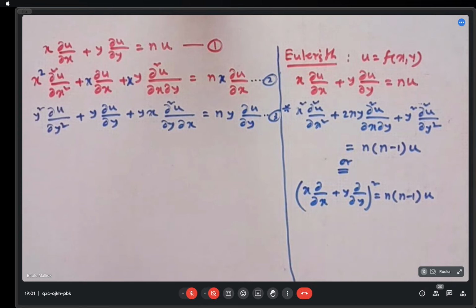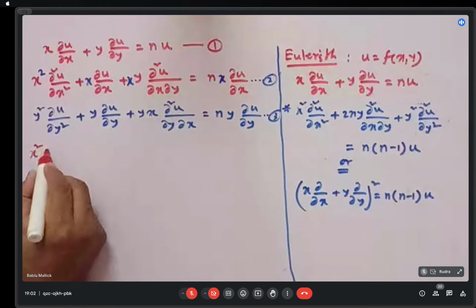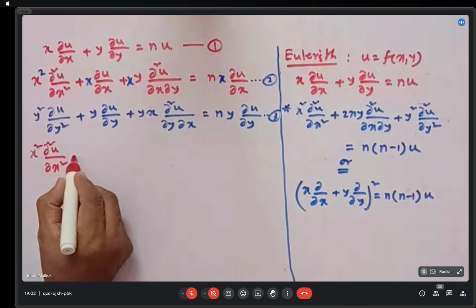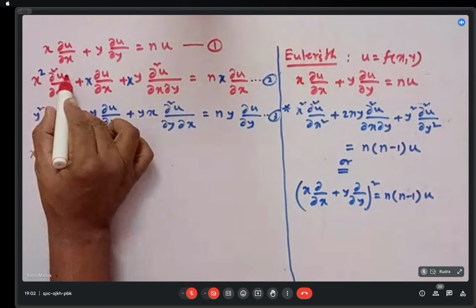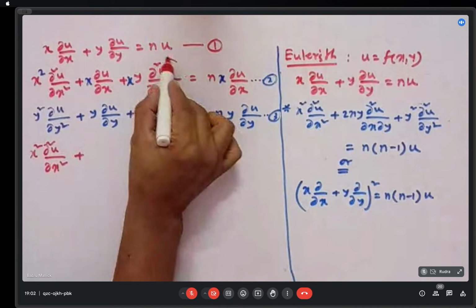Have you done it? So if we add them, write, adding 2 and 3 we get x square into del 2u del x2 plus, I have taken this term and then these two terms.